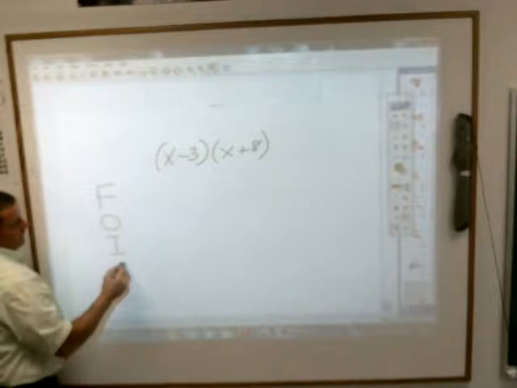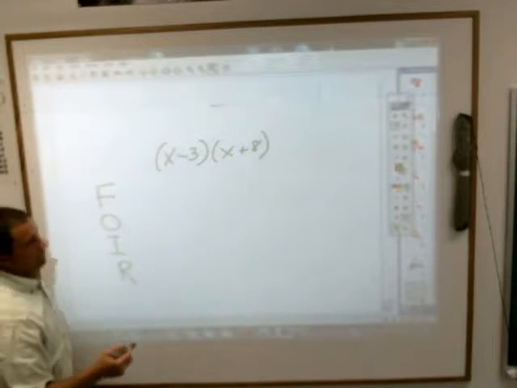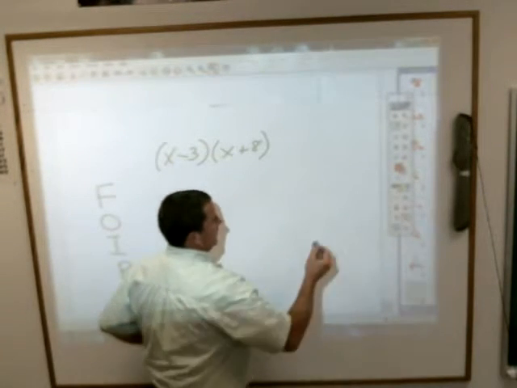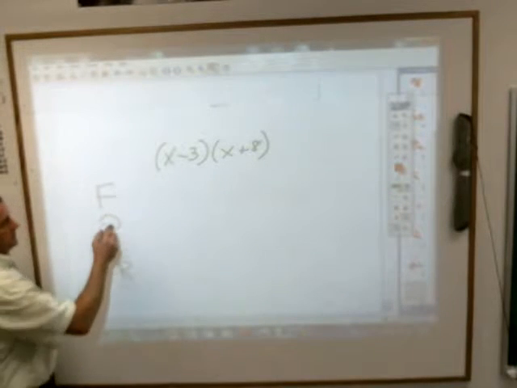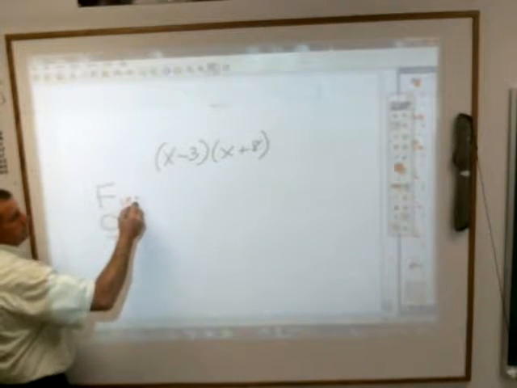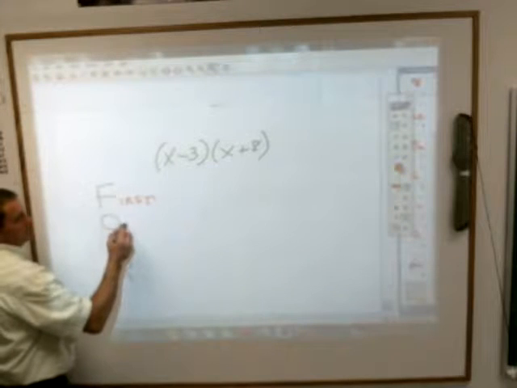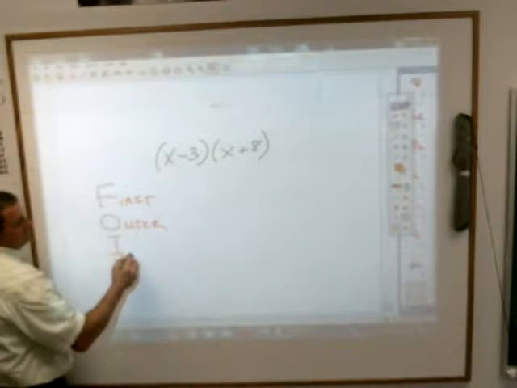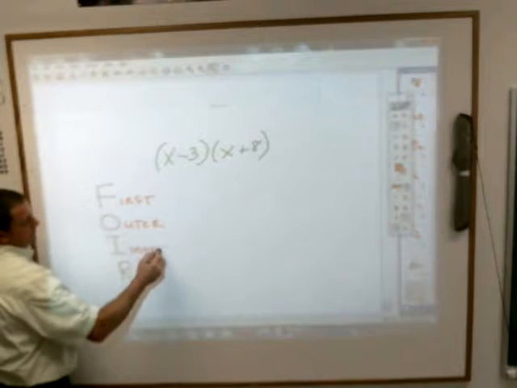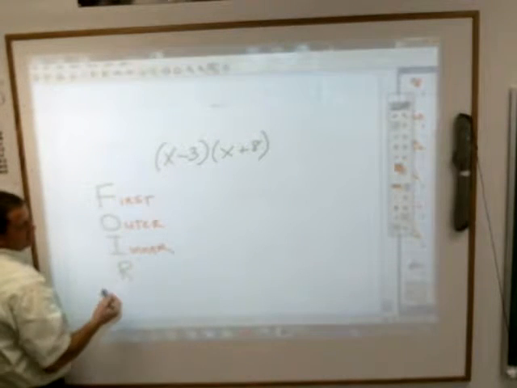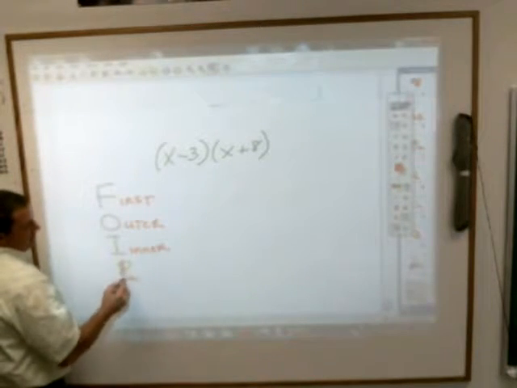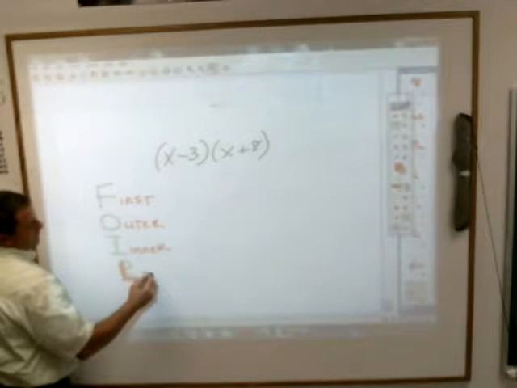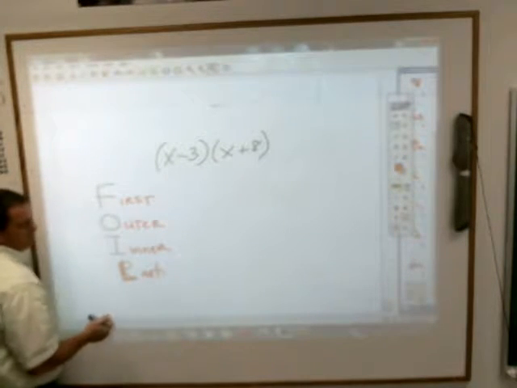This will ring a bell from May 15th, or not. F stands for the first terms, O stands for the outer terms, I stands for the inner terms, and L stands for the last terms.